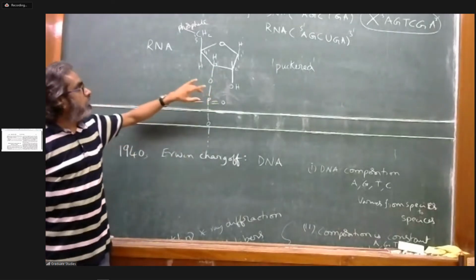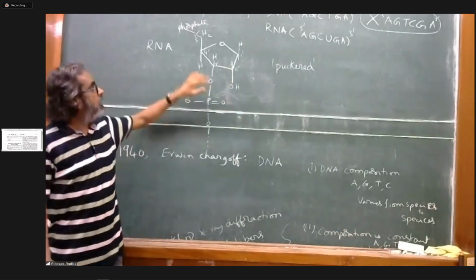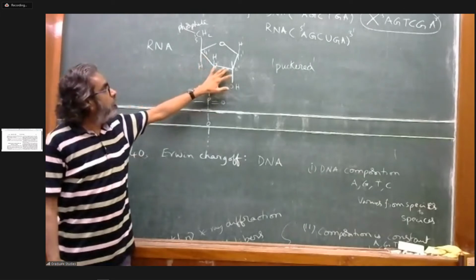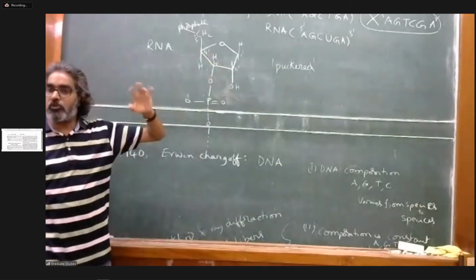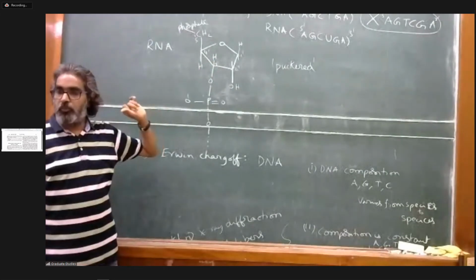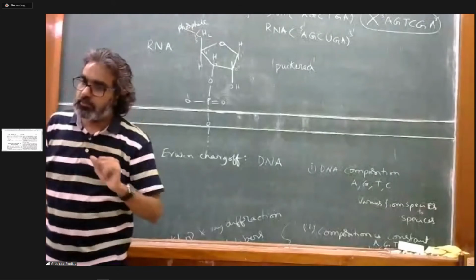At a time, any four atoms are in the plane, and typically either 3' or 4' goes out of plane. That's one reason why you have a stable structure only in the right-handed helix but not the left.